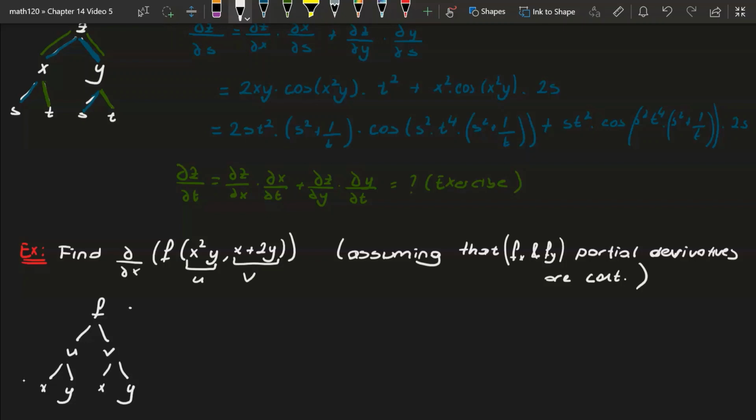Okay, here you see we have a tree. f is a function depending on u and v. u, v depend on x and y. So follow the branch from f to x.